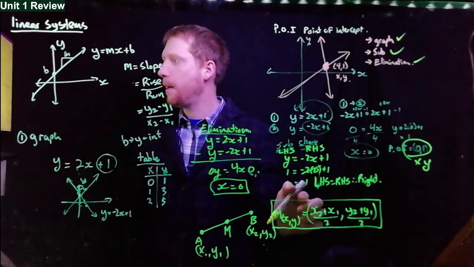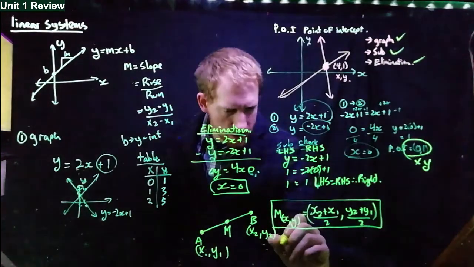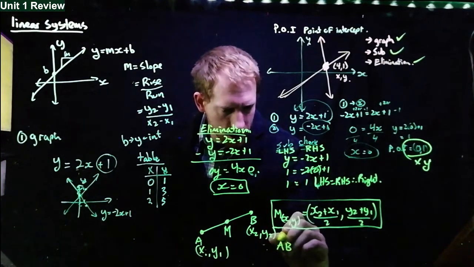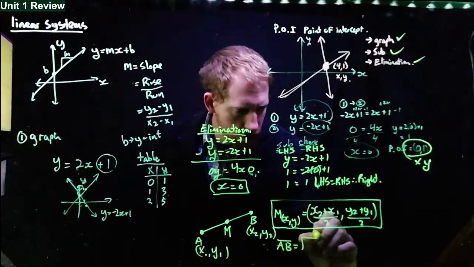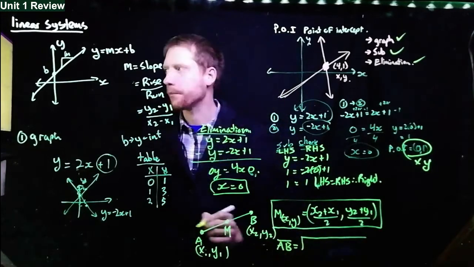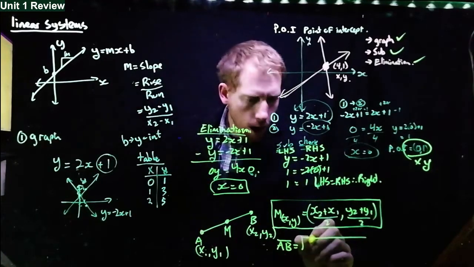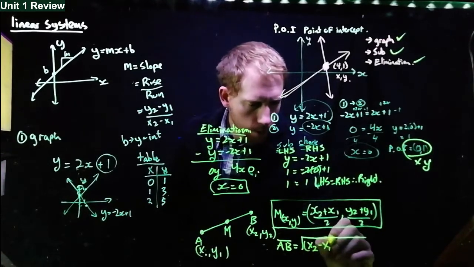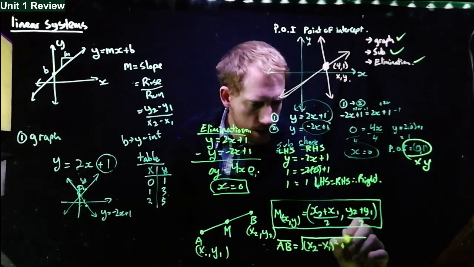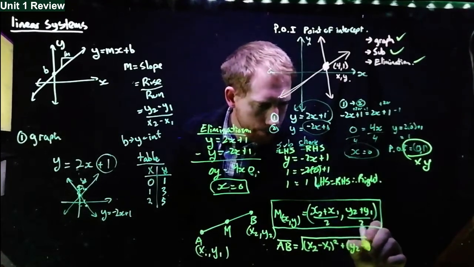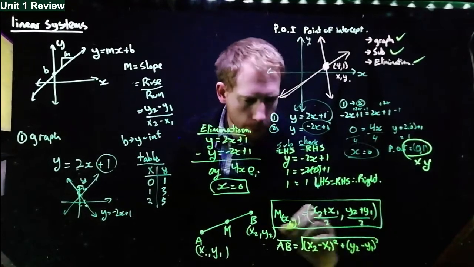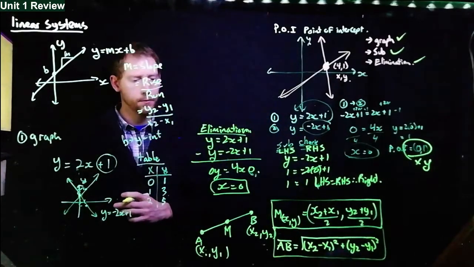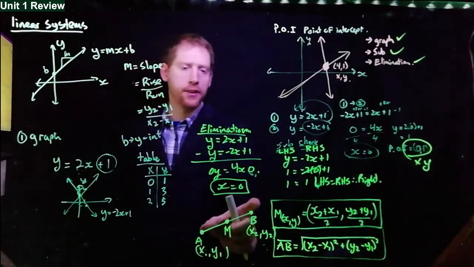If I want to find the distance, the equation is equal to the square root of the difference of your x's squared plus the difference of your y's squared. This is our other equation that we need to know, and that will determine the length of a line segment.